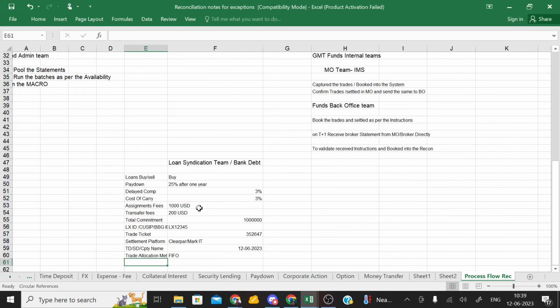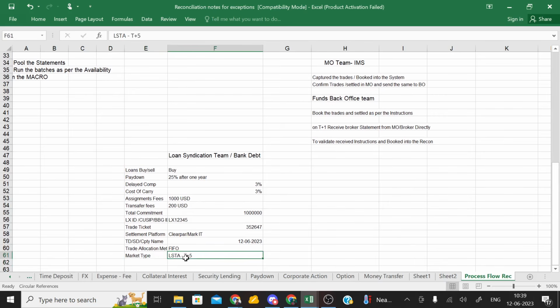And market type. Market type is LSTA. If the market type is LSTA, it means the trade will settle on T+5.